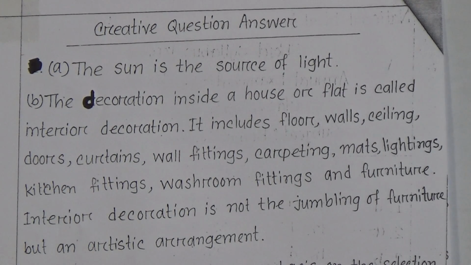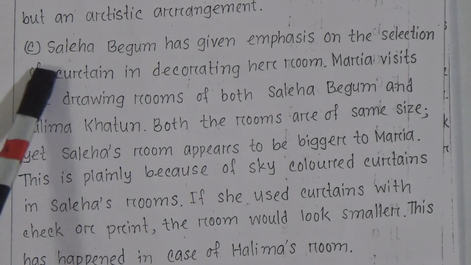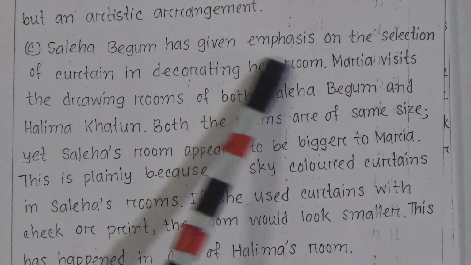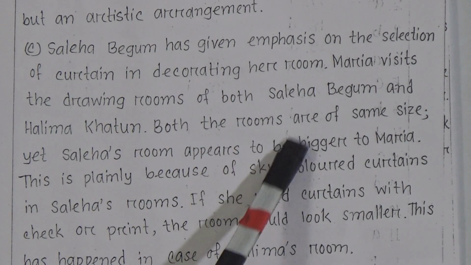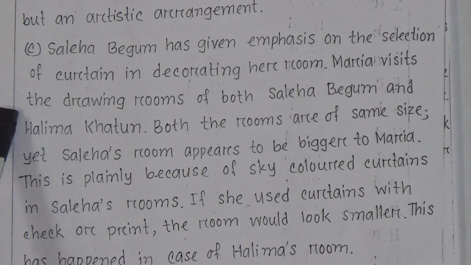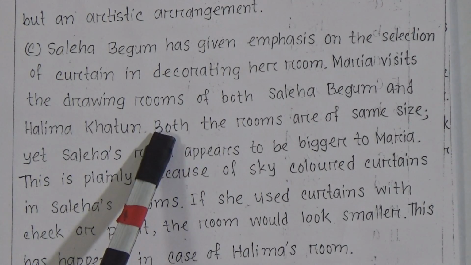Now the next question, number C: on which factor has Saleha given emphasis in decorating her room? Explain. So the answer: Saleha Begum has given emphasis on the selection of curtains in decorating her room. Maria visits the drawing rooms of both Saleha Begum and Halima Khatun.